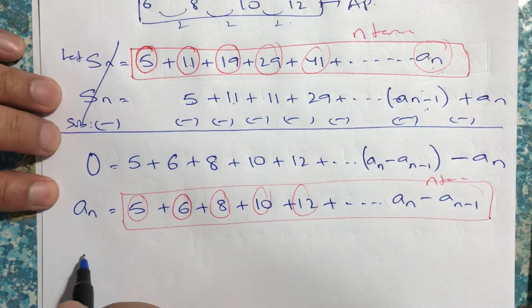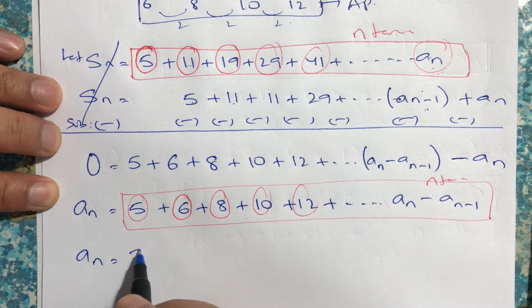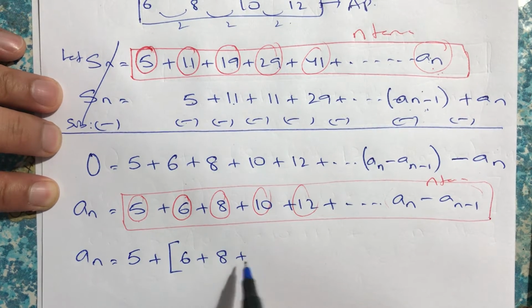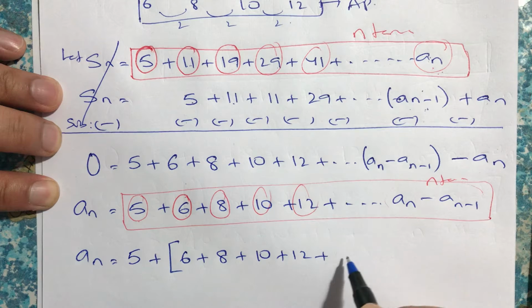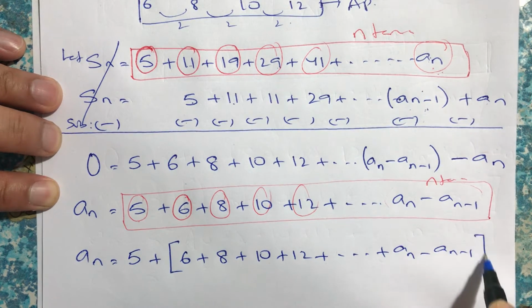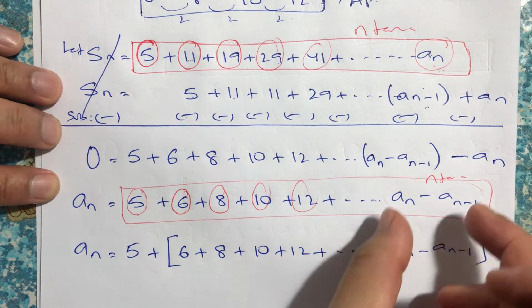Now the next step is, from this series, if I have 5, and if I just go ahead and write 6 plus 8 plus 10 plus 12 plus dot dot dot plus an minus 1. Okay, so we had n terms in this one. The nth term was this entire thing.